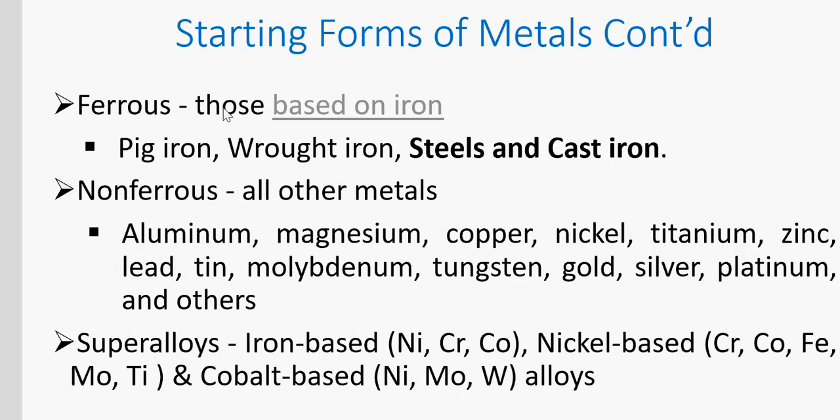When we say ferrous alloys, we are looking at a combination of iron with other metals or non-metals. And when we say non-ferrous alloys, we are looking at a combination of all other metals apart from iron, such as aluminum and silicon, or copper and nickel. We call them non-ferrous alloys.